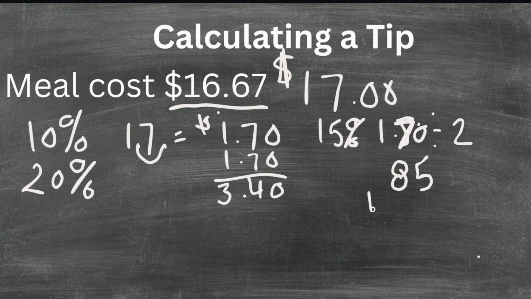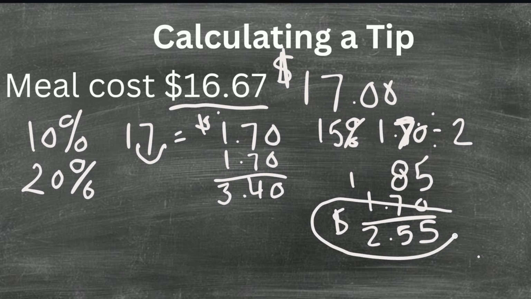And then we're going to add that to $1.70. So that goes 5, and then 8 plus 7 is 15, carry the 1, so it's $2.55. So there is your 15% tip.